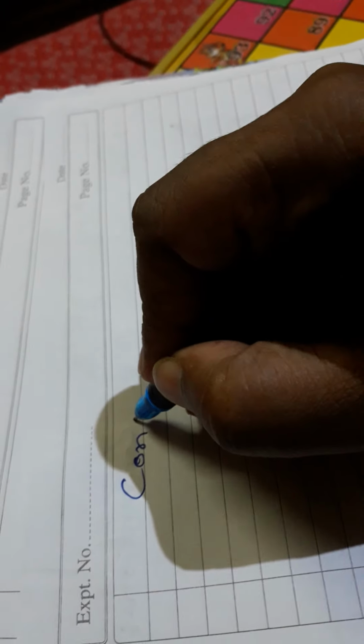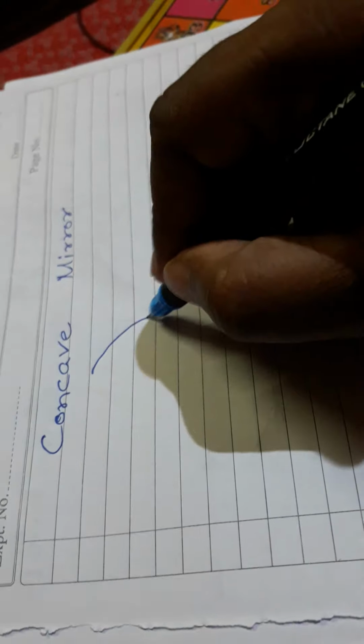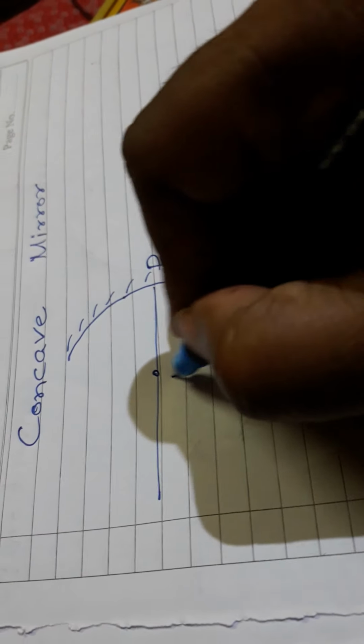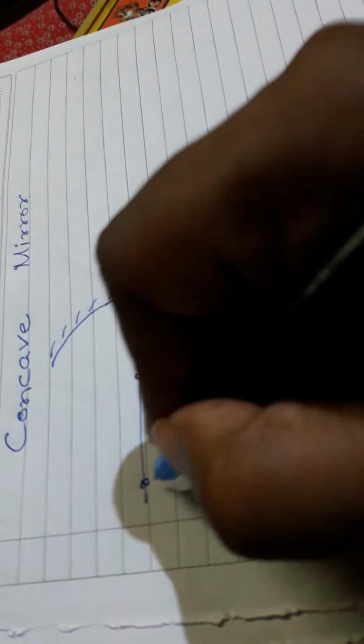Now apply this idea to different cases. Suppose a concave mirror. Let us draw a concave mirror. For a concave mirror, you have to solve numericals. This is the mirror, this is the pole, this is the focus, and this is the center. The distance from the pole to the focus is called the focal length.